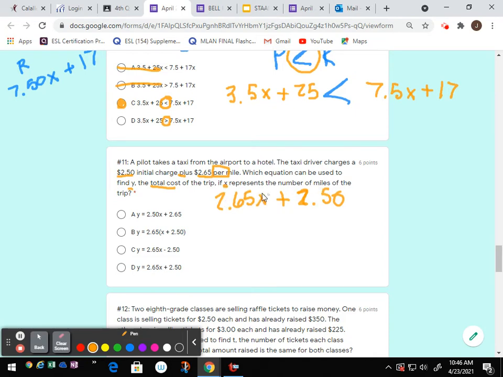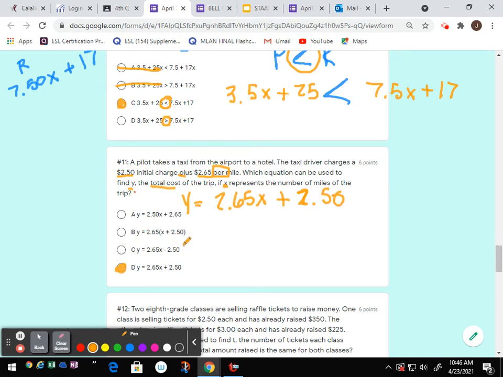For each mile X, we are charged $2.65, but as soon as we show up, we're charged $2.50. So here's our formula. Y is equal to 2.65x plus $2.50. All we have to do is match this one to the correct answer, which is answer choice D. That's the correct answer for number 11.